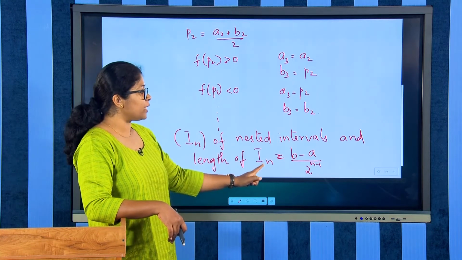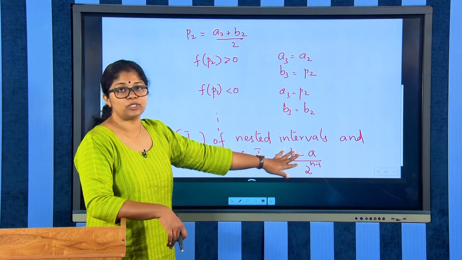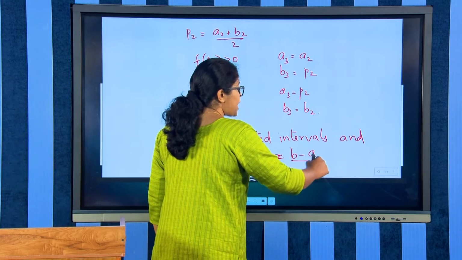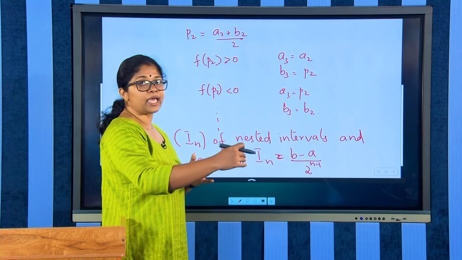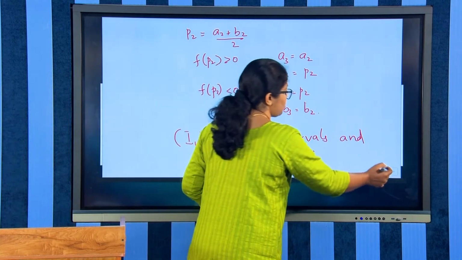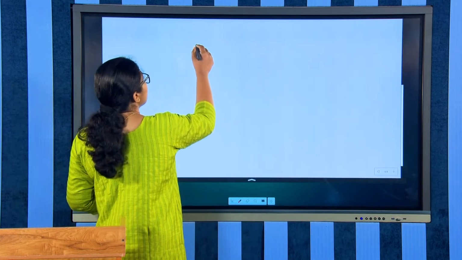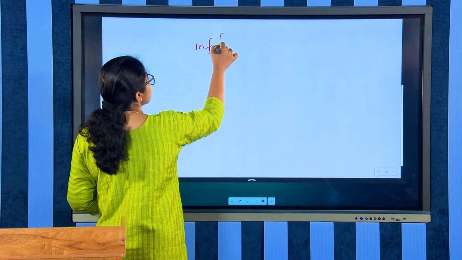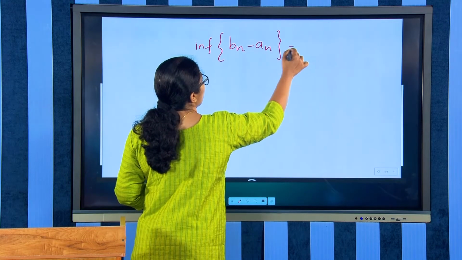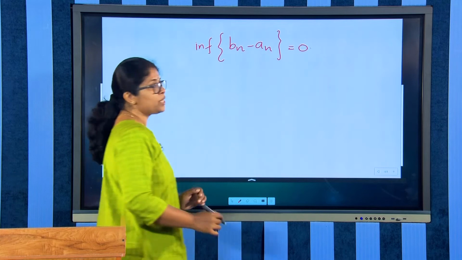The length of In is equal to (B minus A) by 2 power n minus 1, and as n tends to infinity we can see that it approaches 0 because it is becoming smaller and smaller in each case. So the infimum of Bn minus An is obviously equal to 0.